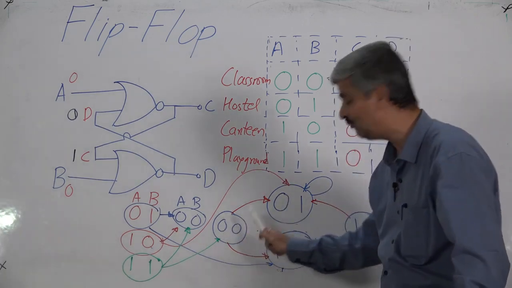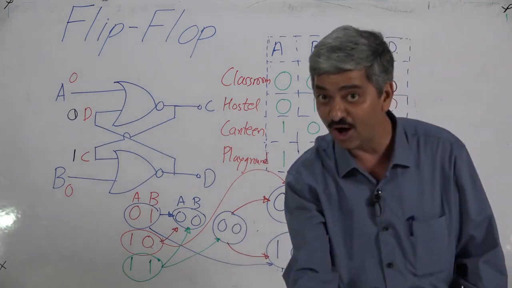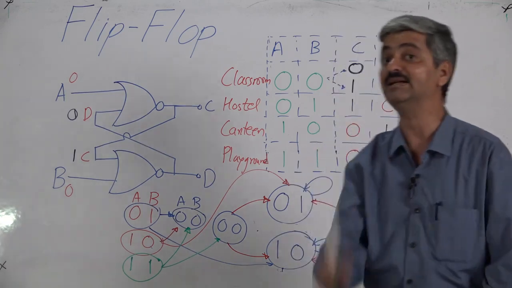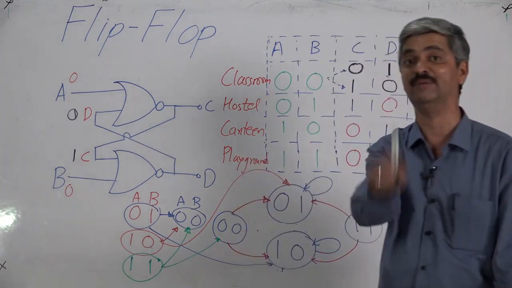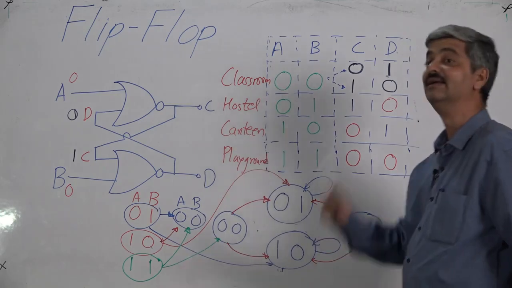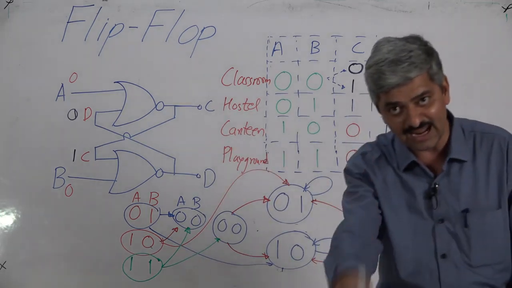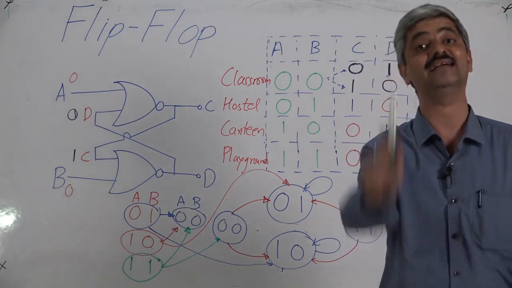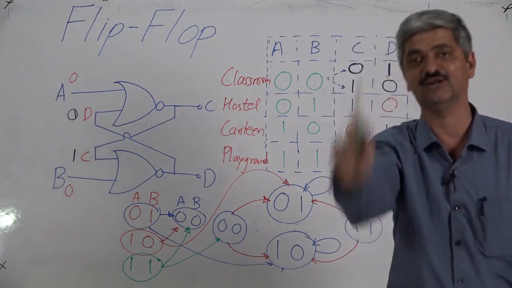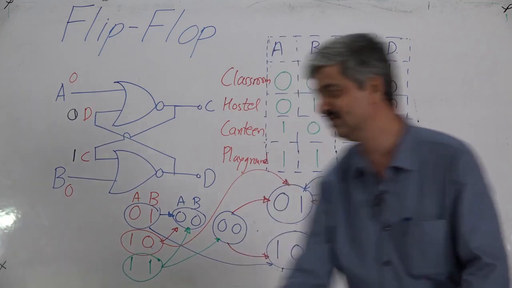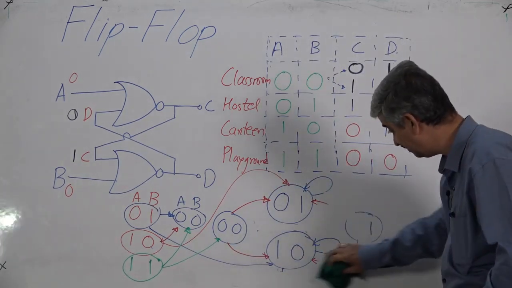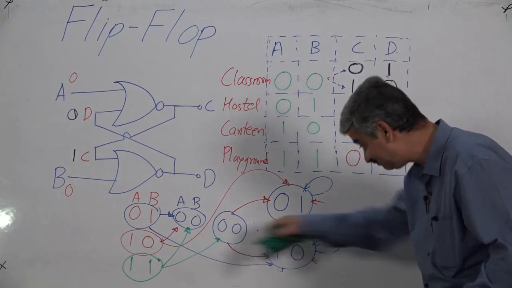C equal to 0 and D equal to 0 can be obtained for A equal to 1 and B equal to 1, but it can't remain for A equal to 0 and B equal to 0, it will go either way. C equal to 1 and D equal to 1 can't remain for A equal to 0 and B equal to 0, and it can be obtained also for any other combination. So, we remove that. It is a meaningless combination, but this is a meaningful combination.